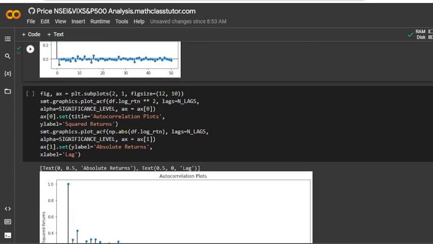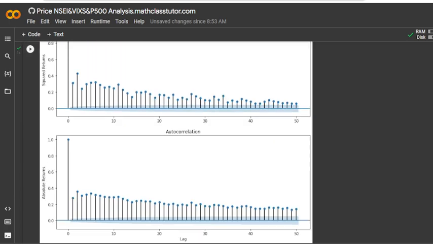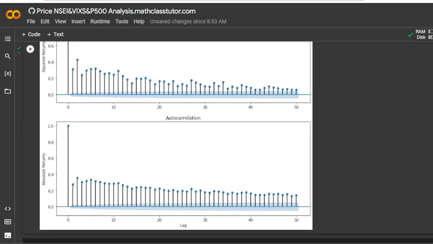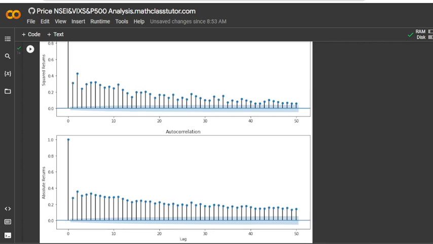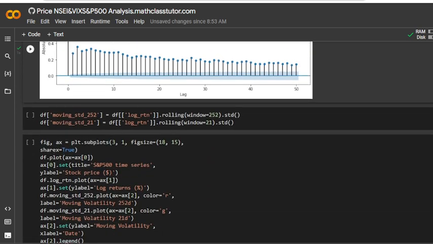And another thing we can see here in this model: absolute returns are going high, but squared returns are stable.